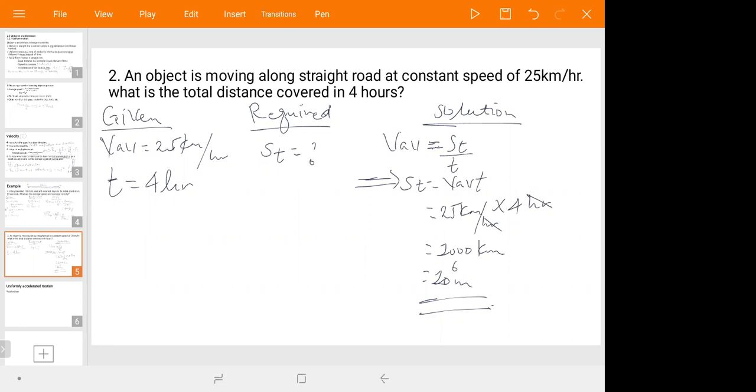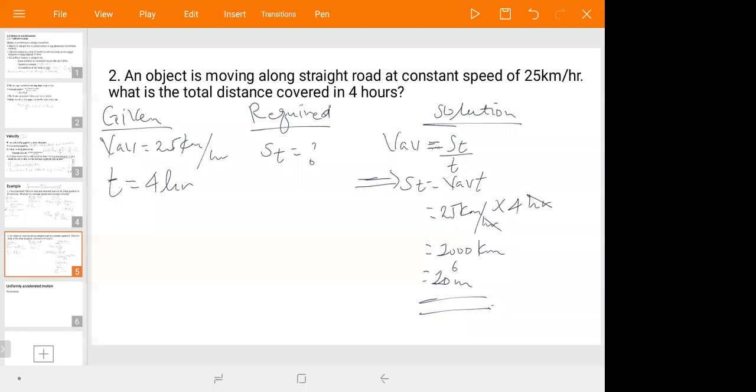In our next period, we will see uniformly accelerated motion. What do you know about uniformly accelerated motion? What type of motion is it? A motion of an object along a straight line with a constant increase in its velocity.